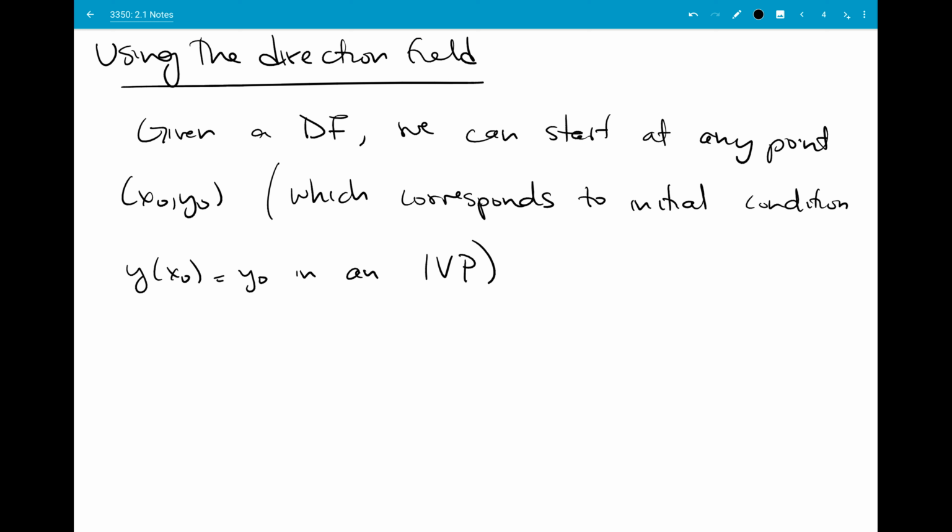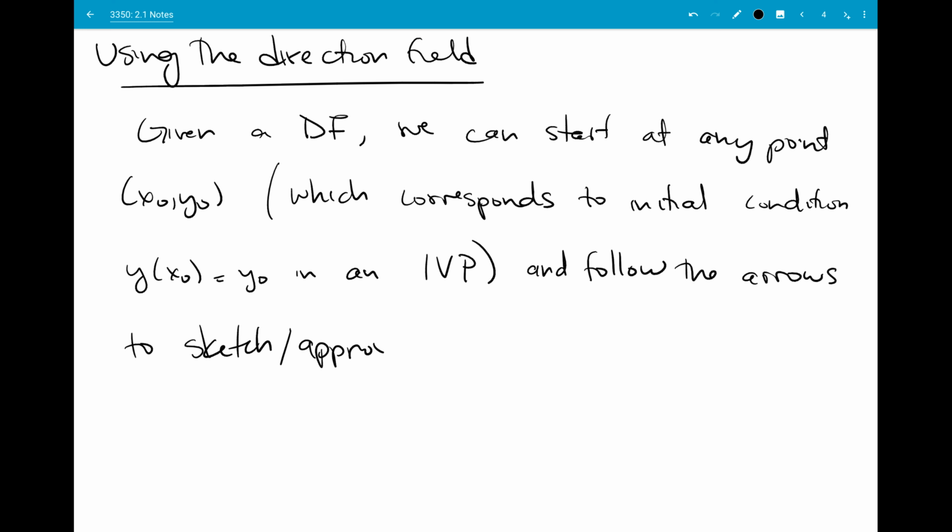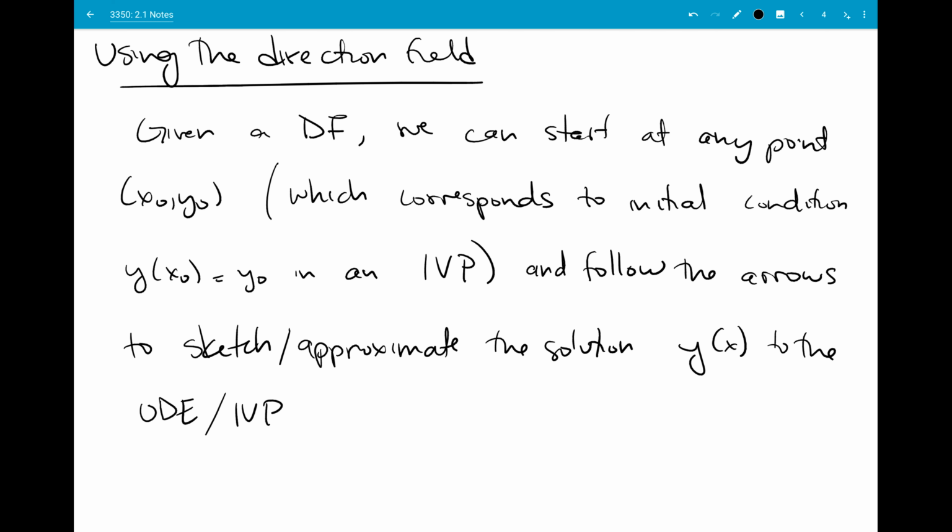And starting from that point, we would follow the arrows to sort of sketch or approximate the solution y of x to the differential equation, but specifically from that initial condition, so to the initial value problem.